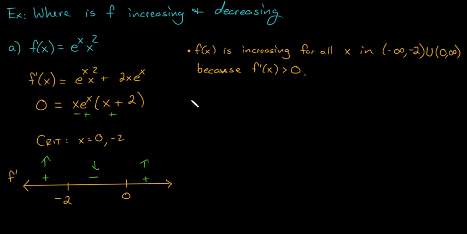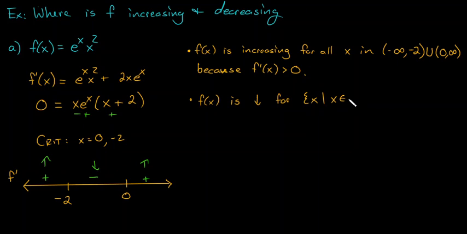F of x, and I'm going to shorthand it because we're doing a homework right now, is decreasing for all, I'll say, for the set of x such that... Well, increasing and decreasing, yep.